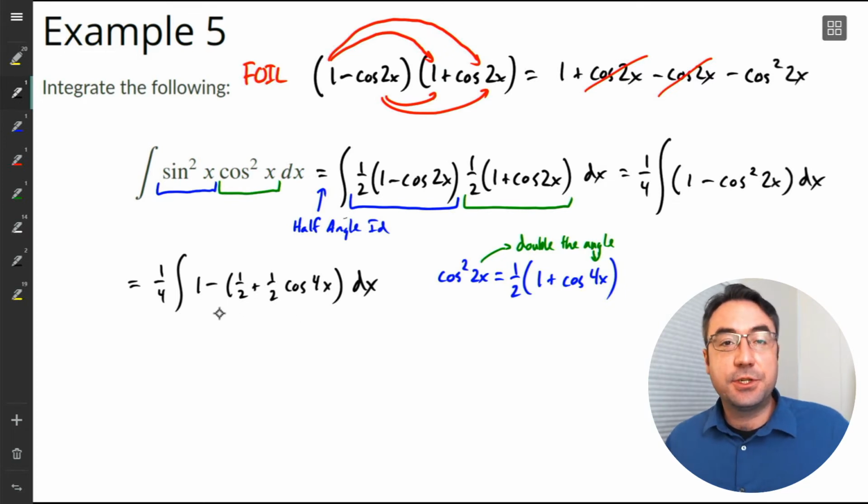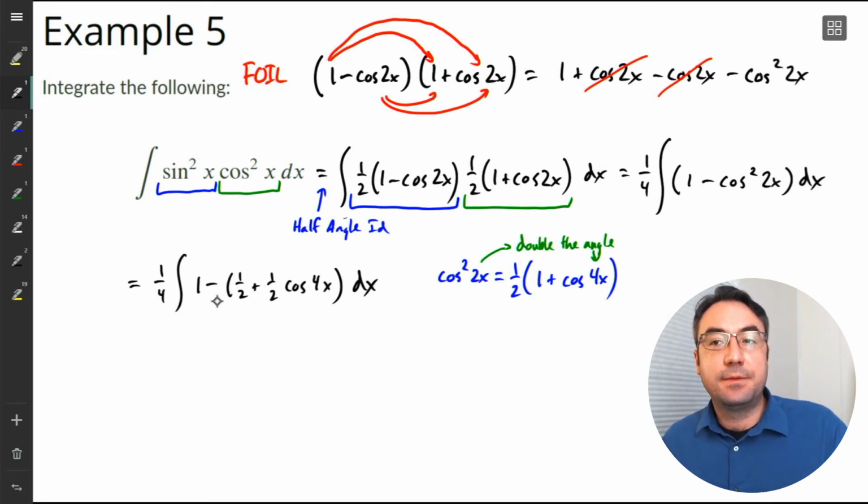Now we're in a position where we can simplify our function a little bit. Looking at this, we can see we're on the right track because we started off with 2 even powers of sine and cosine, did the half angle identity once, that brought us down to just a cosine squared, did the half angle again, and now we're at one of our cosine k forms here. So we're going to be able to integrate this.